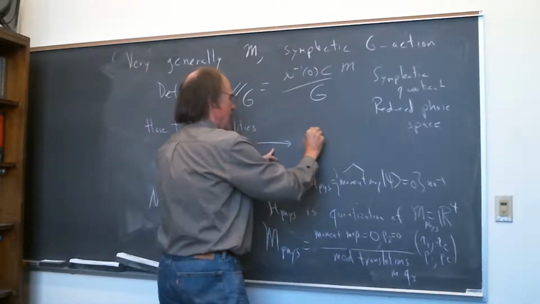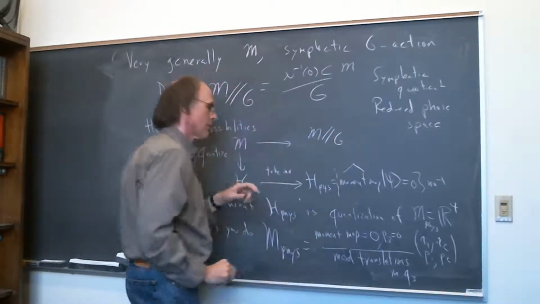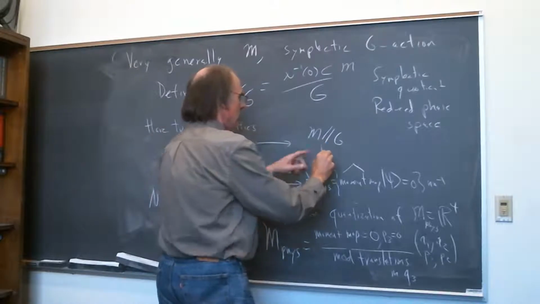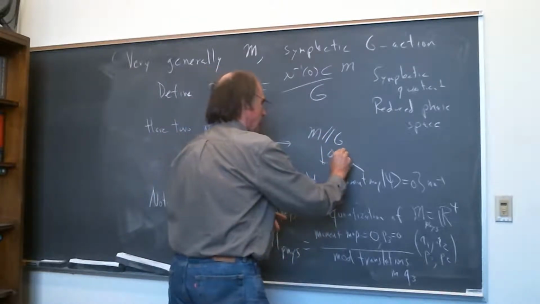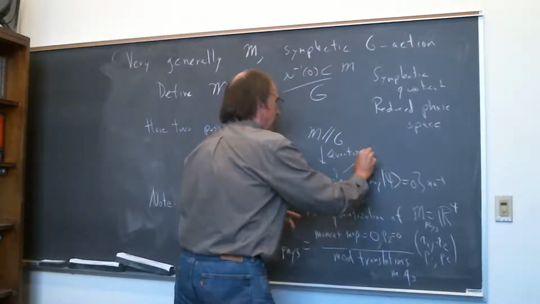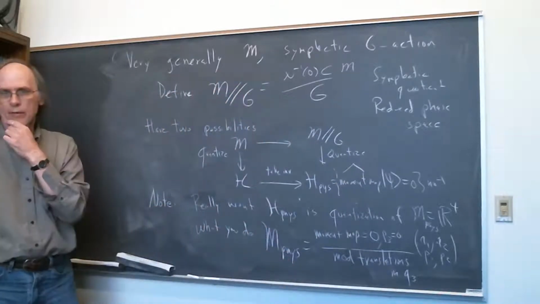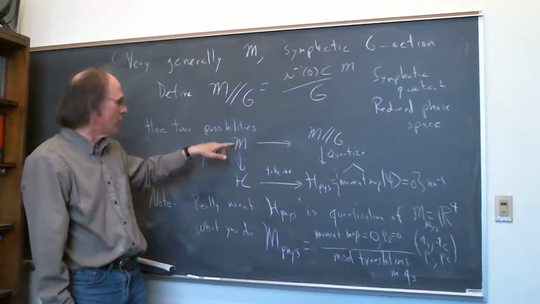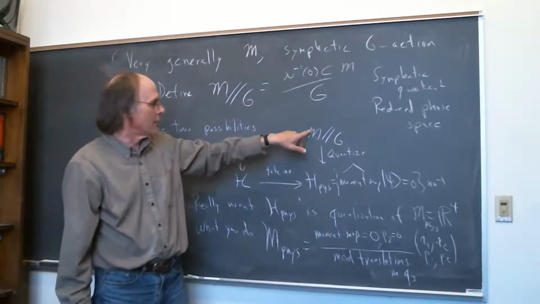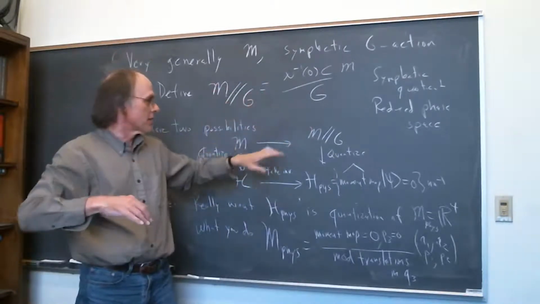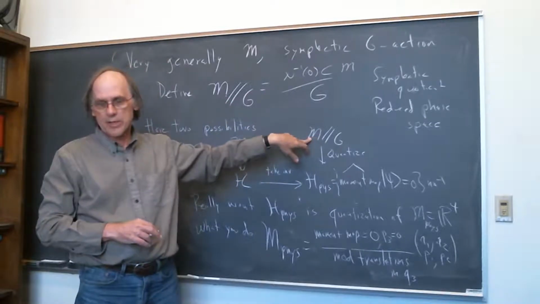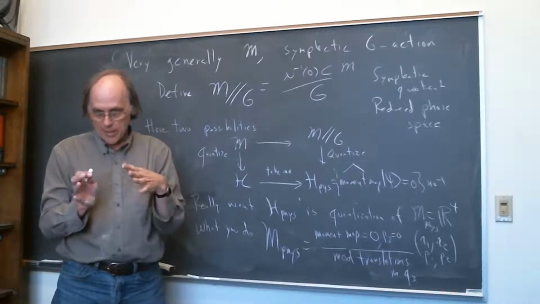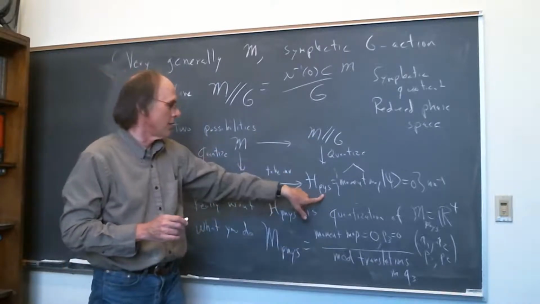Well, you got M//G, and then the hope is that if you then quantize, and the hope of this whole story is that this diagram commutes. That if you get rid of your symmetry first by going to the symplectic quotient, and then quantize this kind of physical invariant piece, then you'll get some theory.